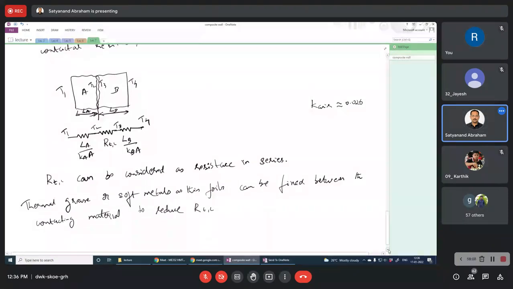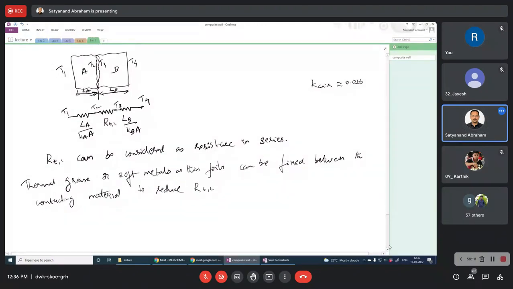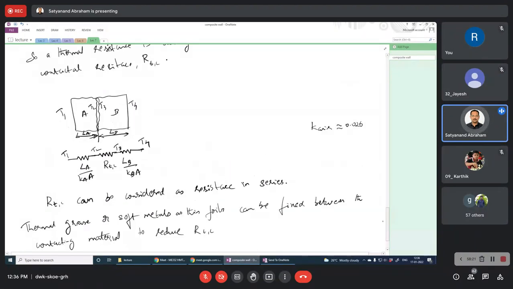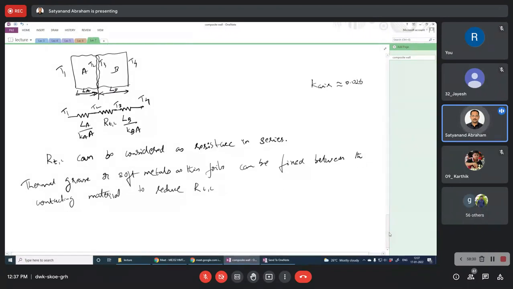Okay, so that's what we can see from 1D steady state conduction without heat generation. We said that we can analyze this with the analogy of a thermal resistance, so it is very easy for us to calculate the heat flux. From the next class, we will be seeing 1D heat conduction with heat generation. Once the heat generation comes into the picture, the electrical analogy falls.